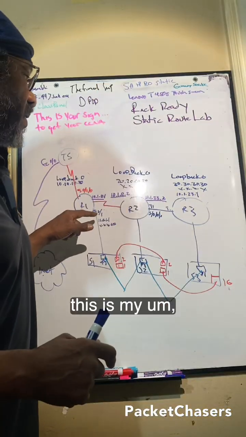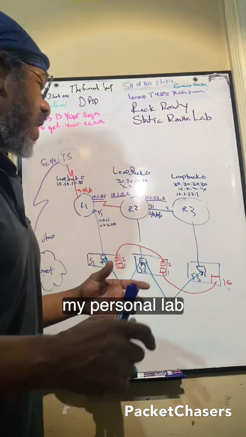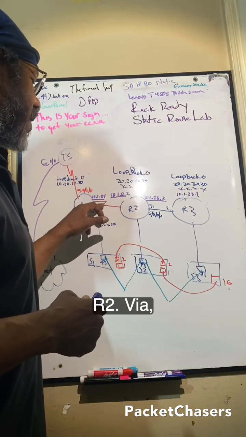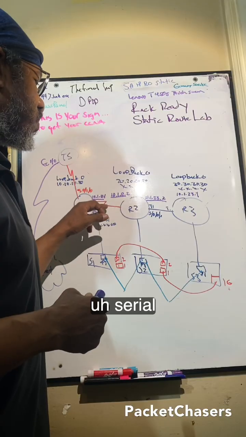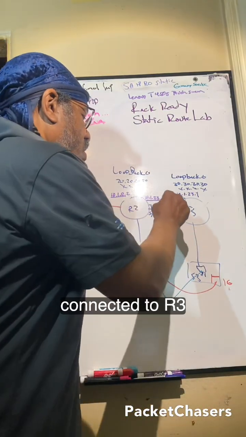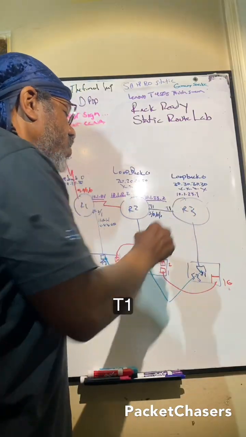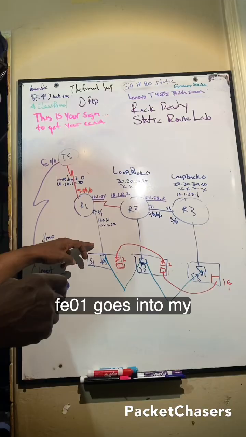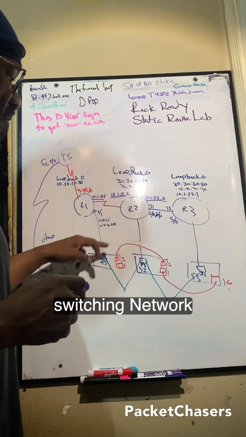This is my personal lab setup. R1 is connected to R2 via serial connection. R2 is connected to R3 via a T1 connection. R1 FE01 goes into my switching network.